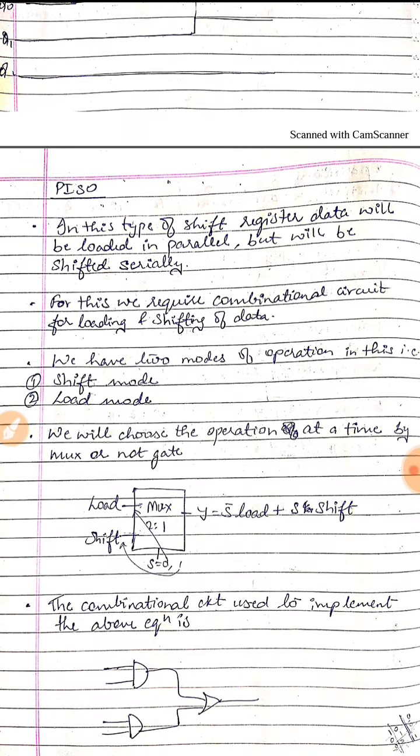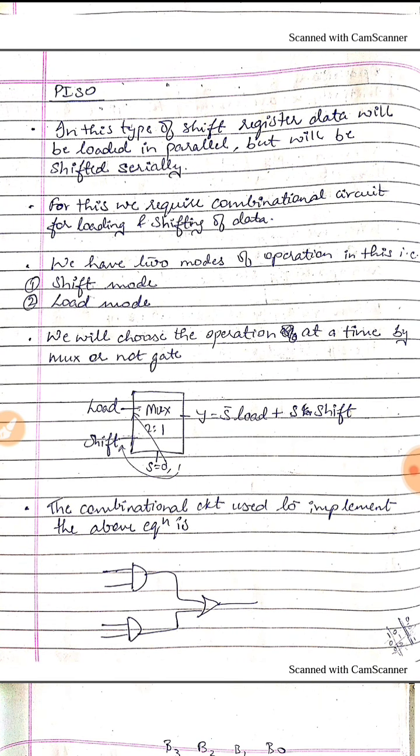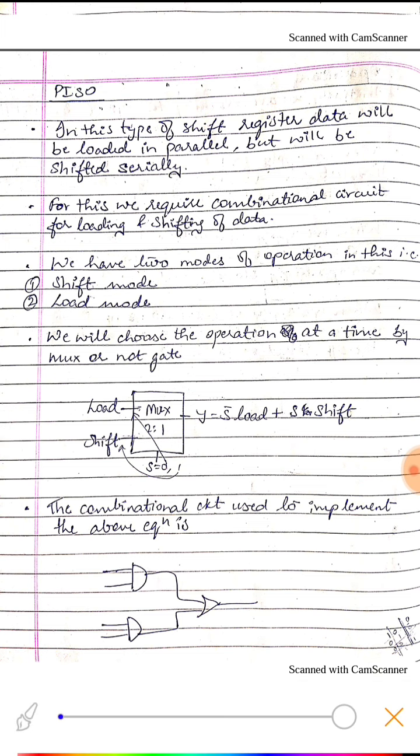Now the next is parallel in serial out. So we need to feed the data parallelly and want to extract it in serial form. For this we need to use a combinational circuit, that is a multiplexer, to feed the data.